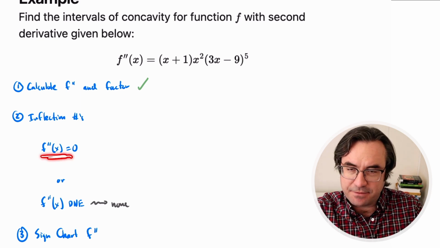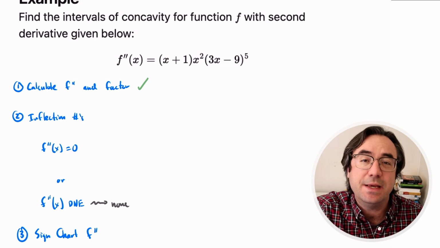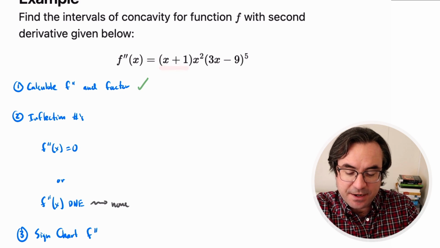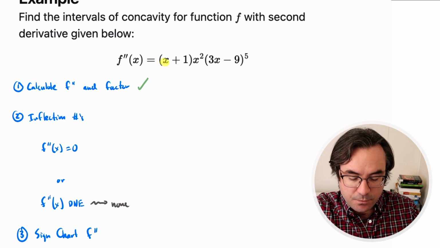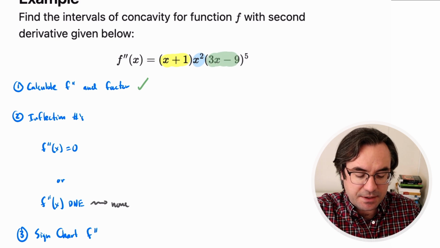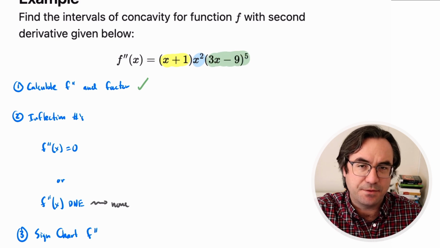Where we are going to get inflection numbers is from our second derivative being equal to 0. When it's nicely factored like this, we've got three separate factors: the x plus 1, the x squared, and the 3x minus 9 raised to the power 5.